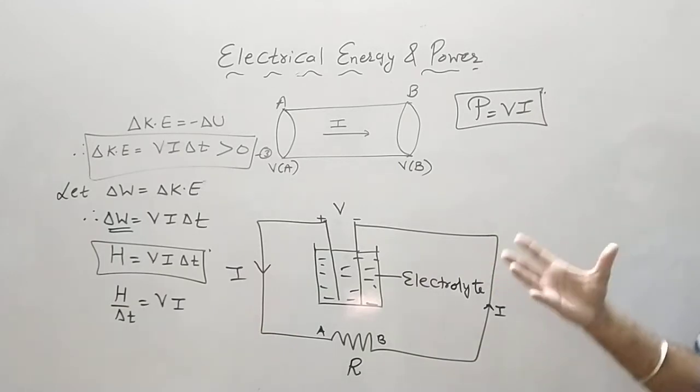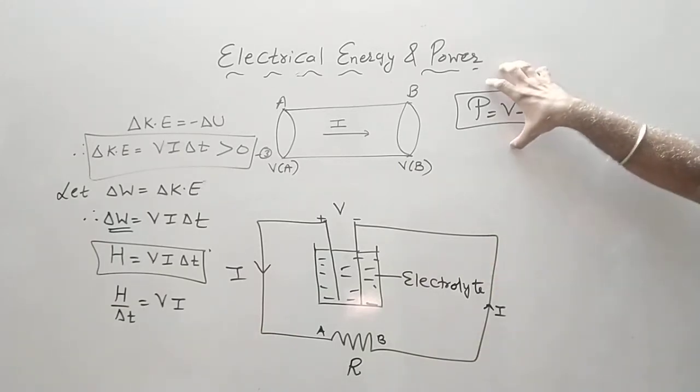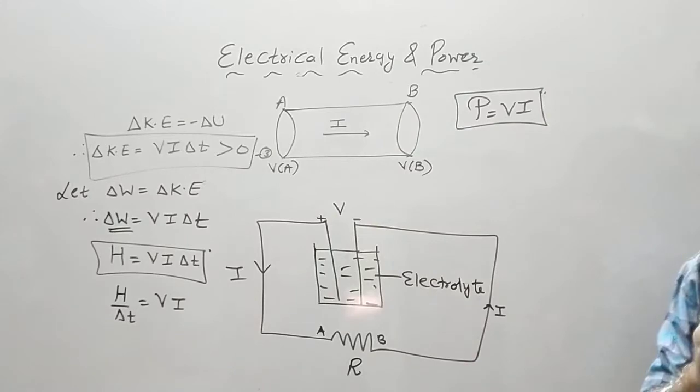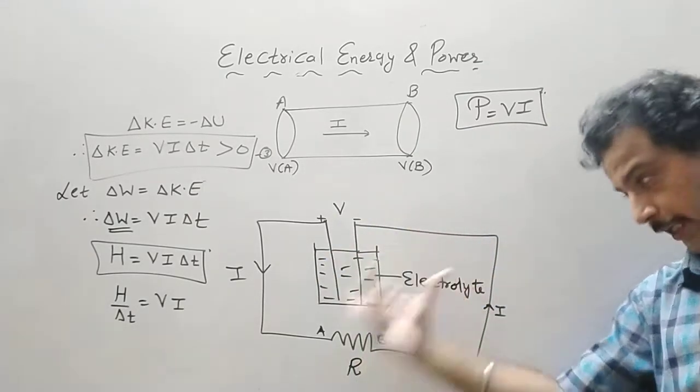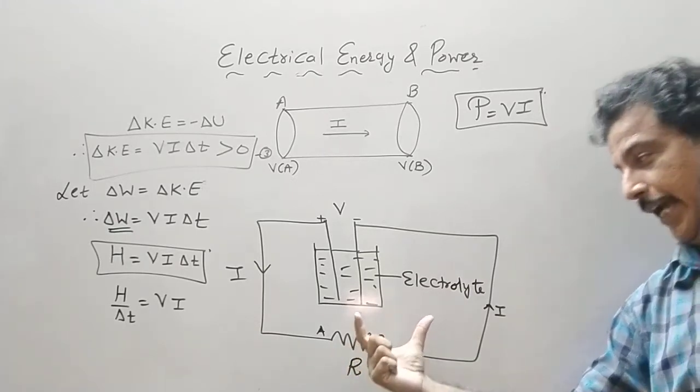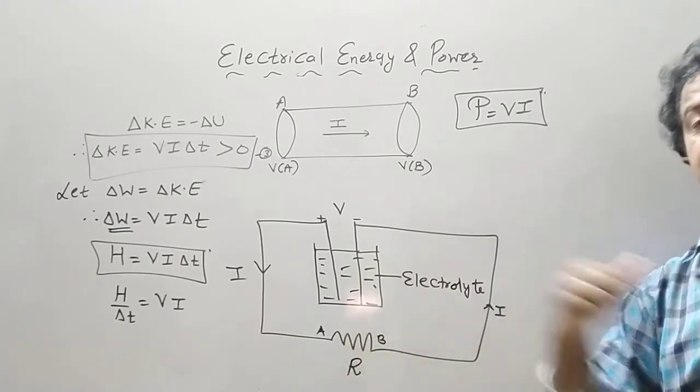So I can say this much power is produced by the cell and the same amount of power is dissipated across a conductor.